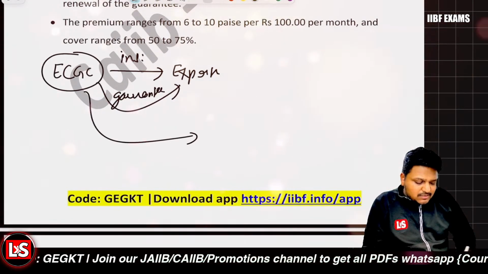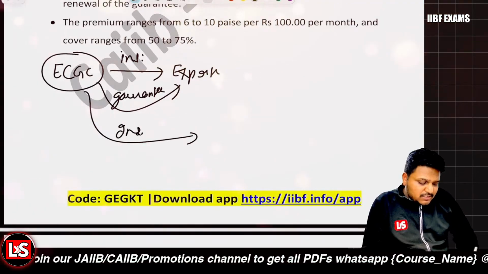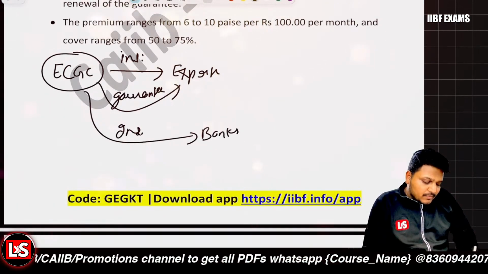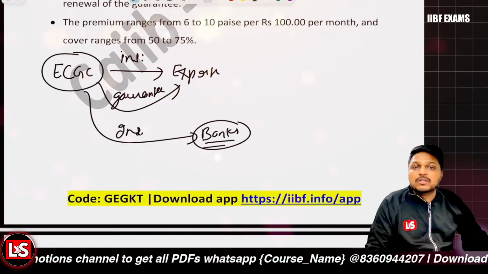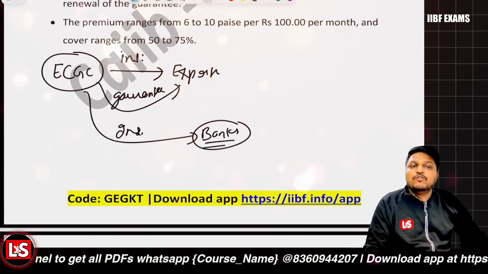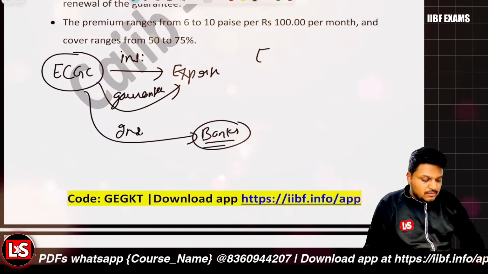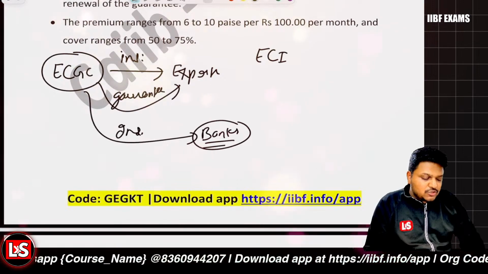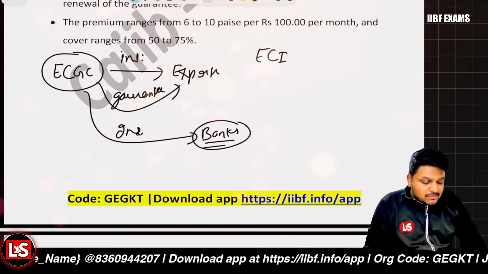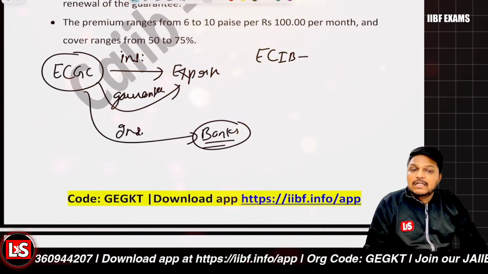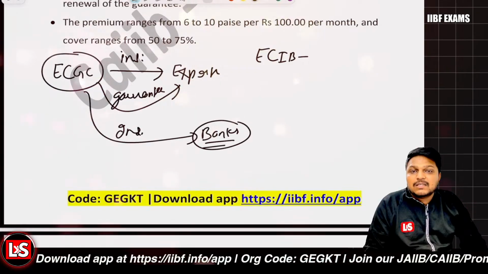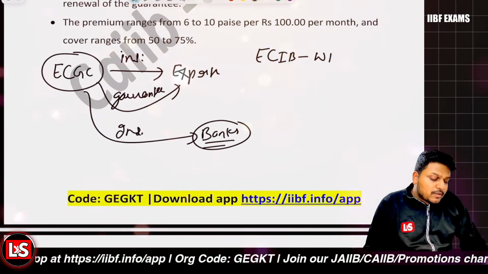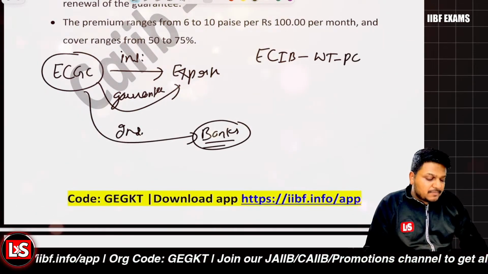Now, the ECGC is offering the insurance policy to the banks also. That's about the ECIB WTPC. ECIB is Export Credit Insurance for the banks, and WTPC means whole turnover packing credit.